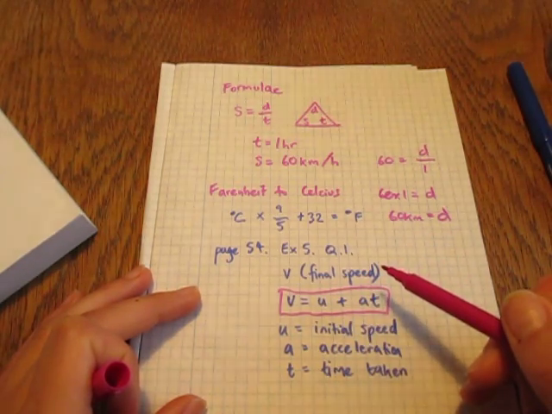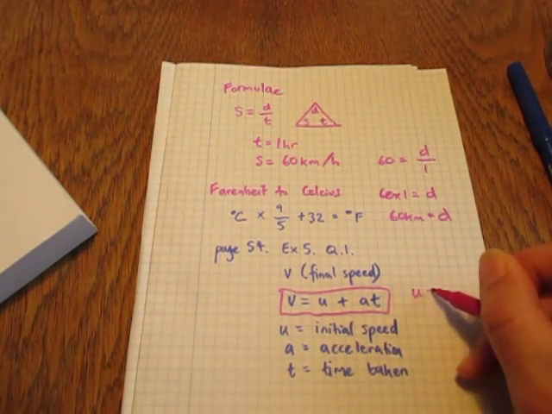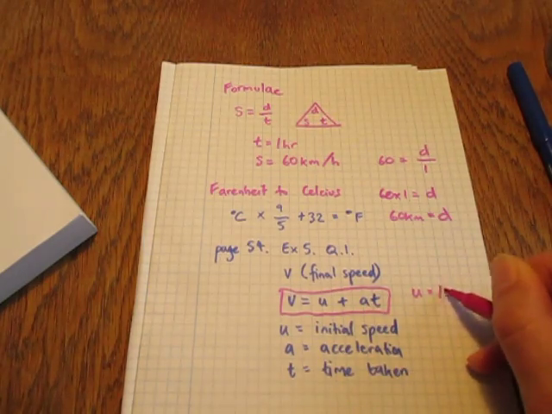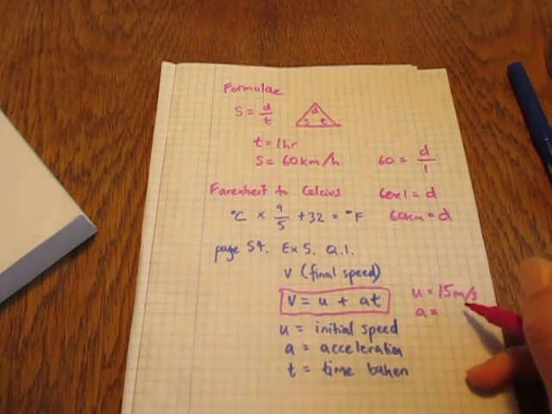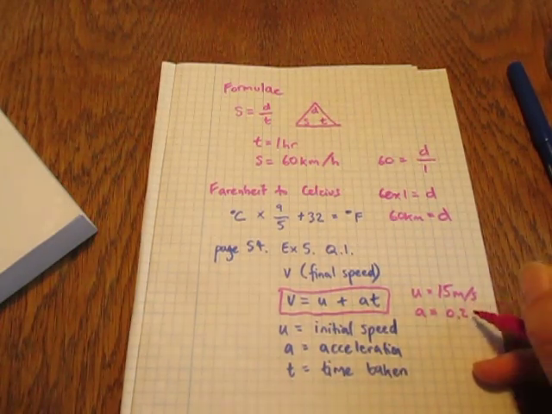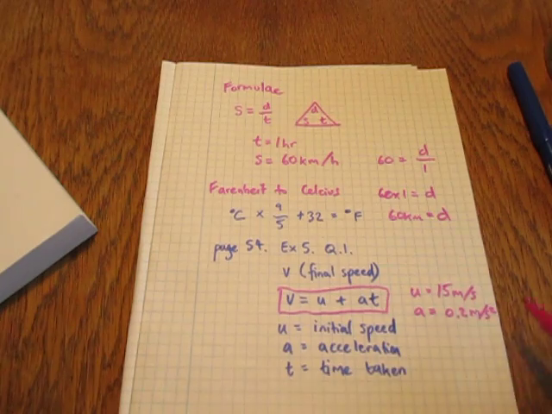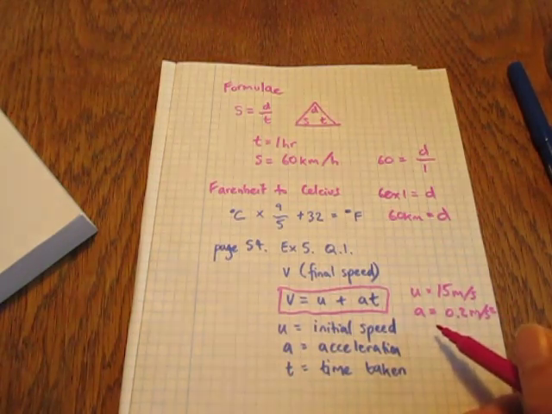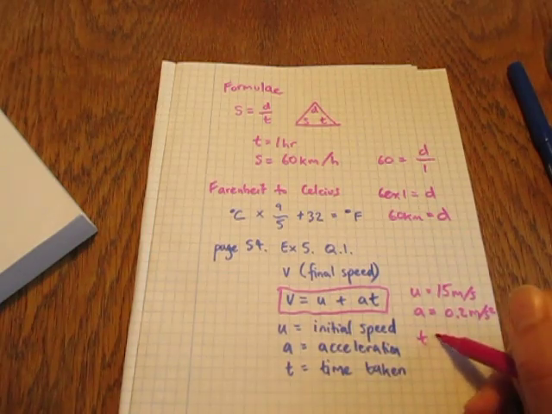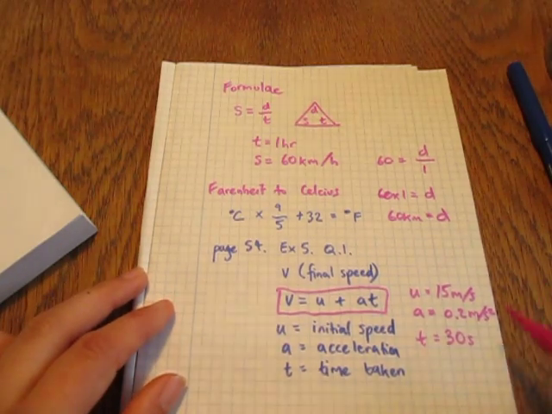So let's imagine that we have a car and it is moving at u equals 15 meters per second. A is 0.2 meters per second. So the acceleration is always measured in per second, so you can see it like this, per second squared. And time is 30 seconds.